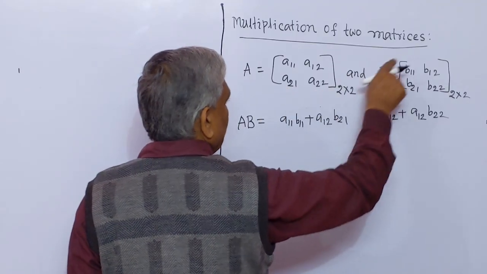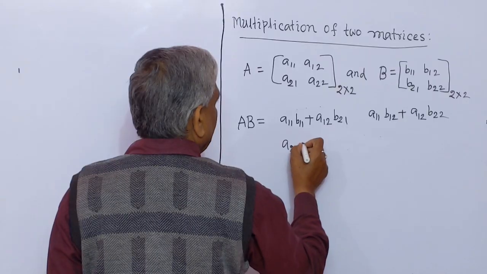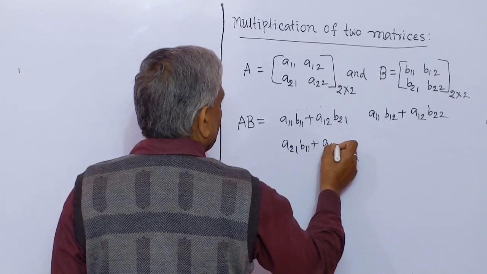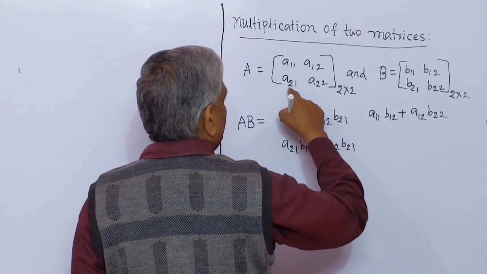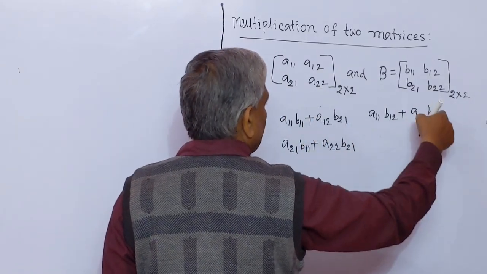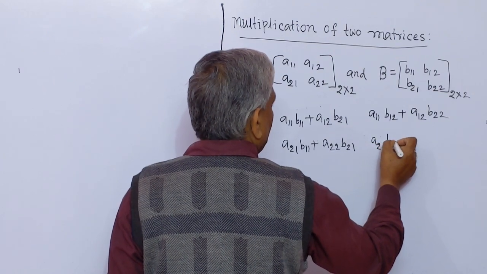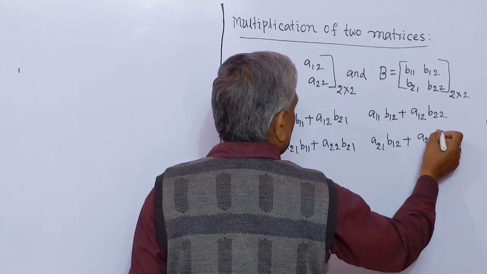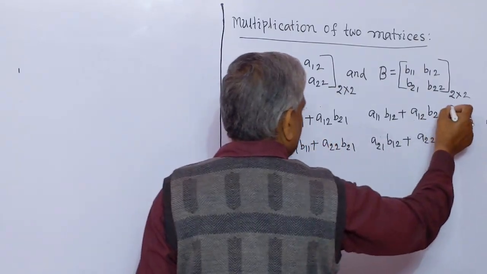Second row, first column: A21 B11 plus A22 B21. Here, second row, second column: A21 B12 plus A22 B22, and we get another matrix.